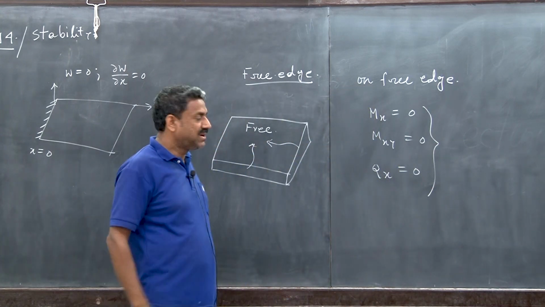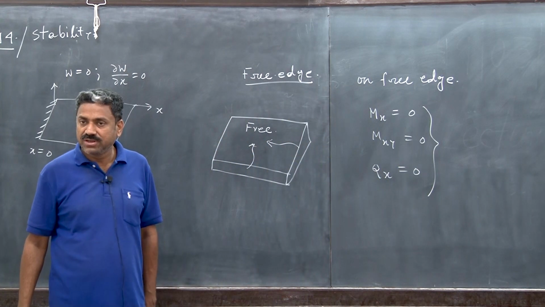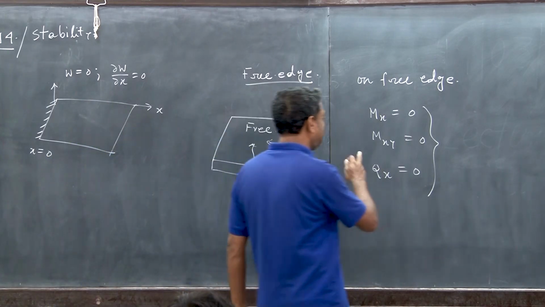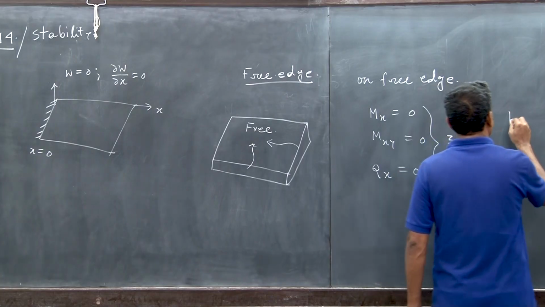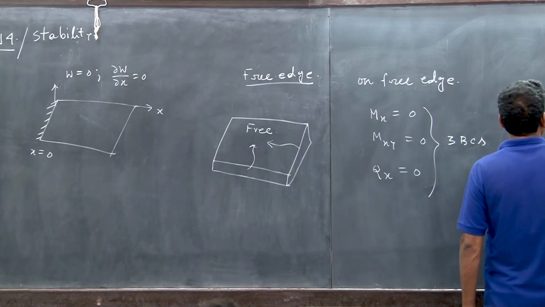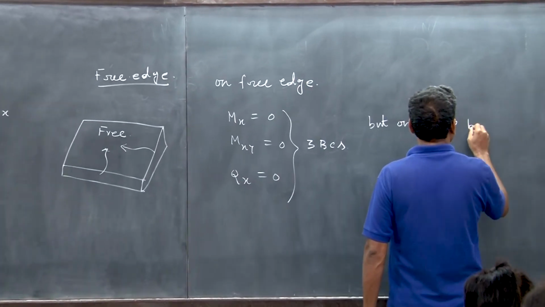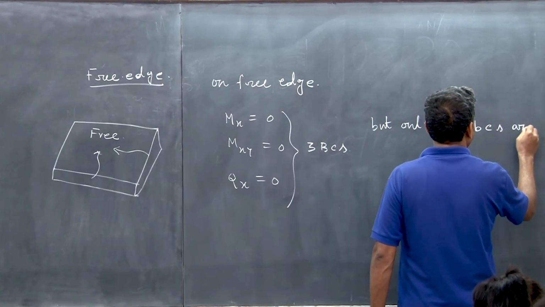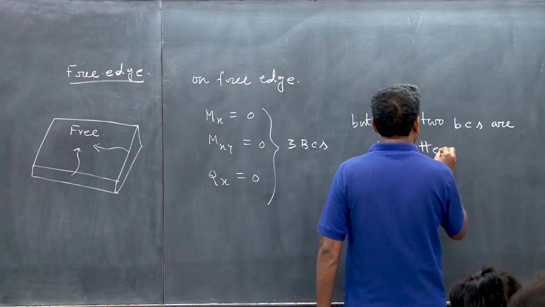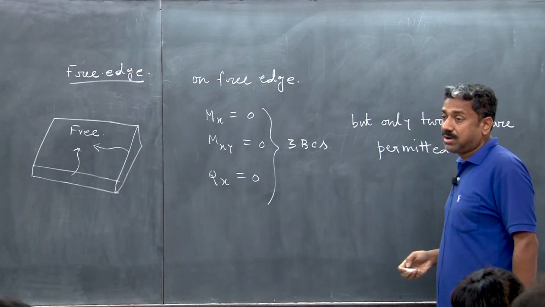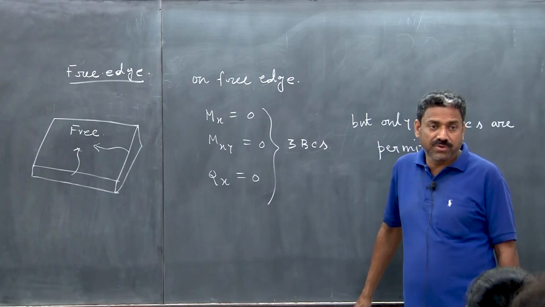But how many boundary conditions are permissible on any edge? Only two. So, these are three boundary conditions, but only two are permitted, because the differential equation is a fourth order differential equation.